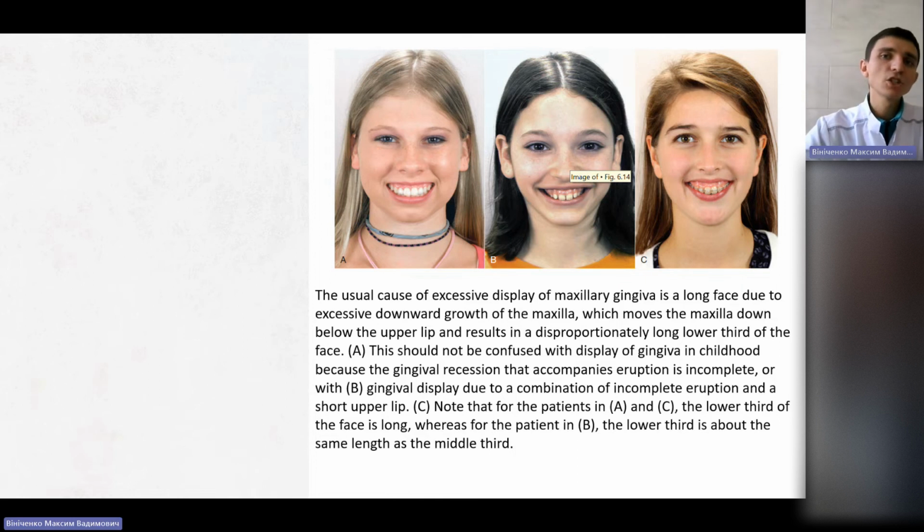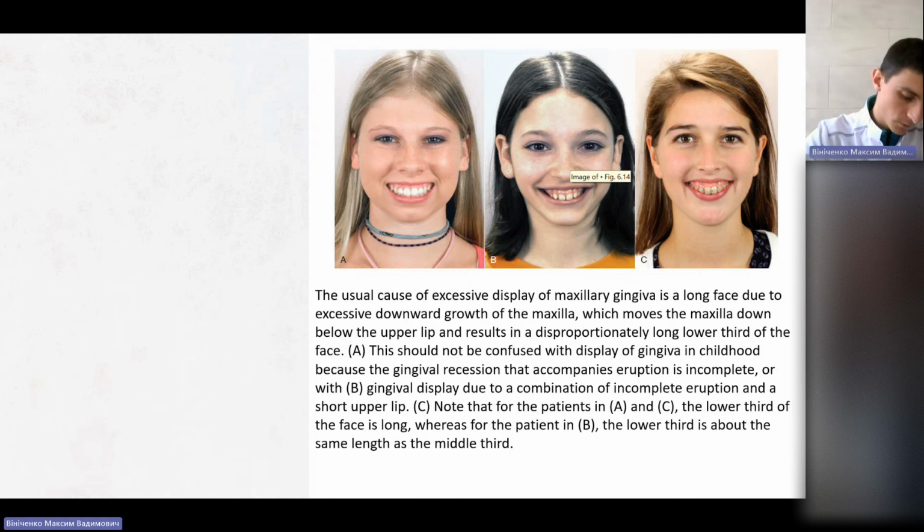If the patient has a short lower third, we could see that maybe it would have a low angle. The FMA, the mandibular plane angle, is lower. So the lower jaw, the mandible, grows forward. It has a forward growth rotation.